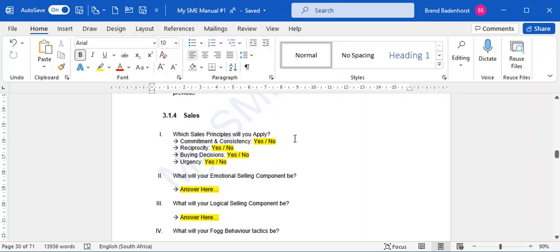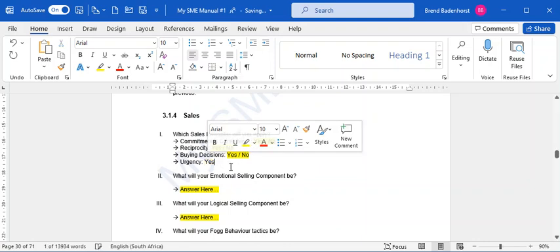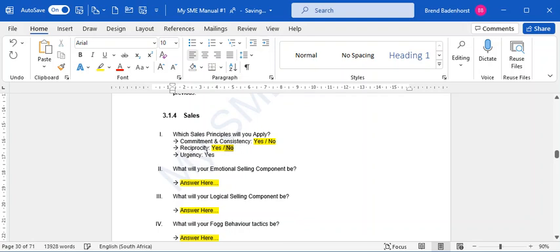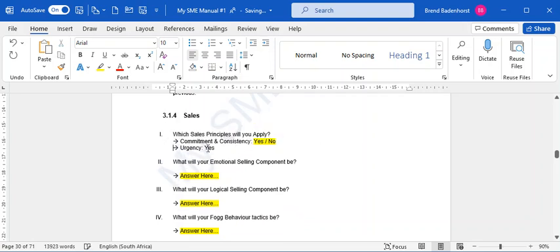Which sales principles will I apply? I've got a couple of sales principles here. I'm definitely looking at urgency, which is a 10% discount until the end of the week. I will not work with buying decisions. I'm going to take that out. Reciprocity, I'm going to take that out.